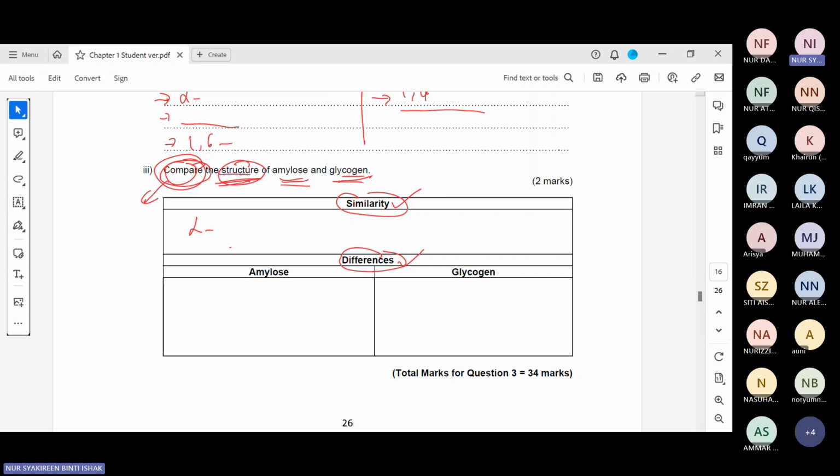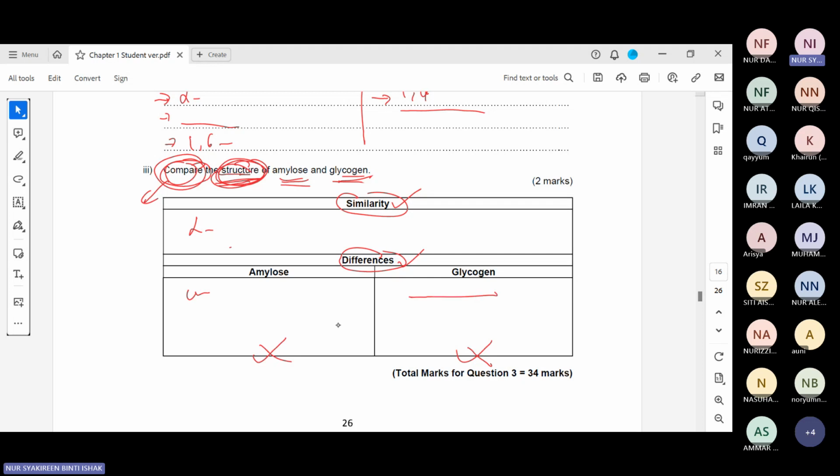So if the difference you state is that amylose is found in plant and glycogen is found in animal, that is wrong. Okay, so you have to compare in terms of structure. So amylose is unbranched and linear. It is a linear unbranched polysaccharide. But glycogen is highly branched.